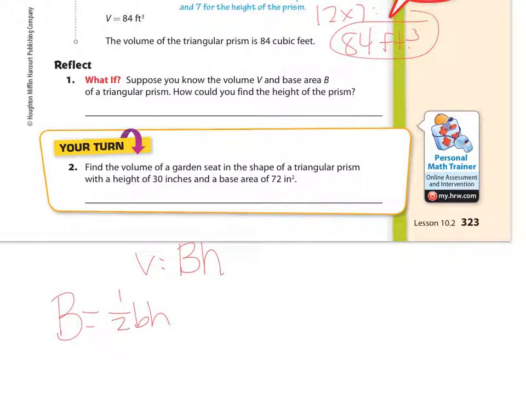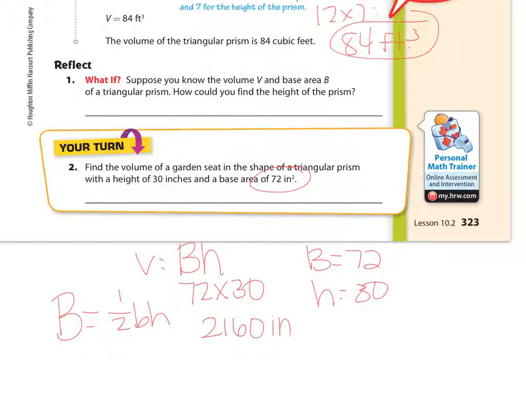In this one it just gave us the base area, so we don't have to calculate 1/2 base times height. So the B is 72 and the height of the prism is 30. So we're going to do 72 times 30, which is 2160 inches cubed.